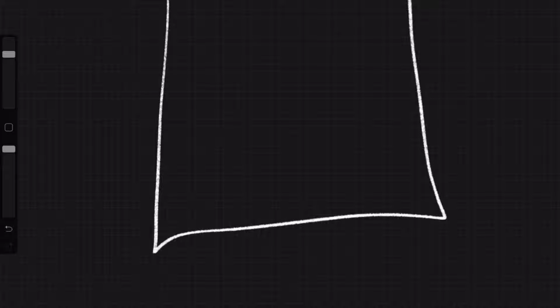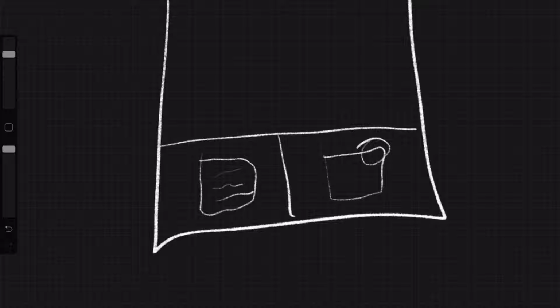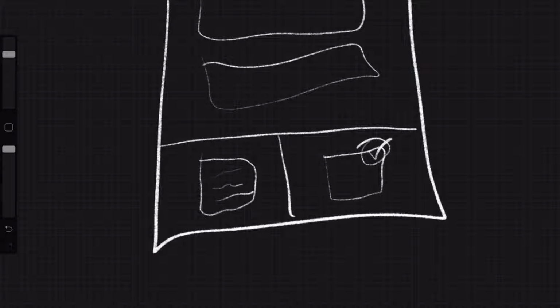If I'm trying to say, check this out, terrible artist is what I should probably say. You have your tasks, but you also have your completed tasks, and that's essentially what it's going to look like. You'll have something here and something here. It looks terrible, but you're getting the point.